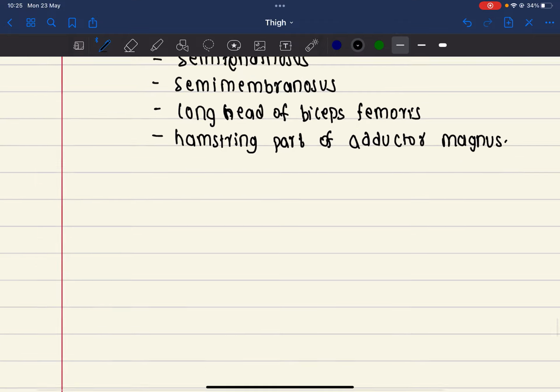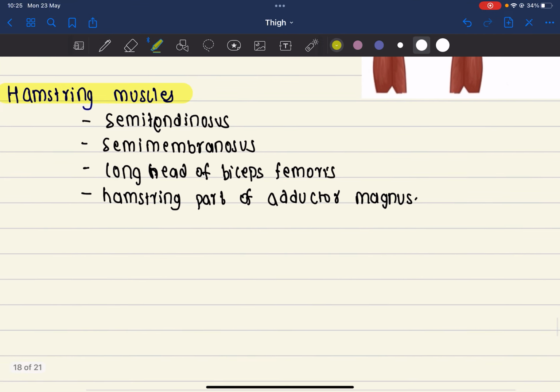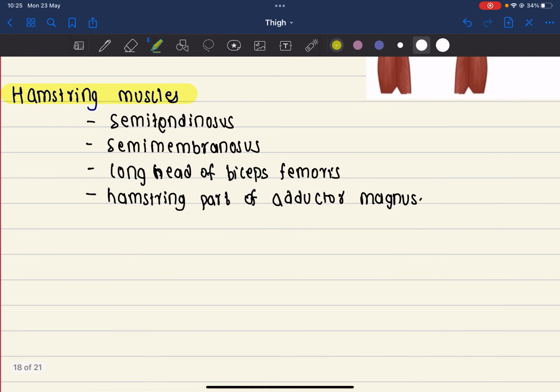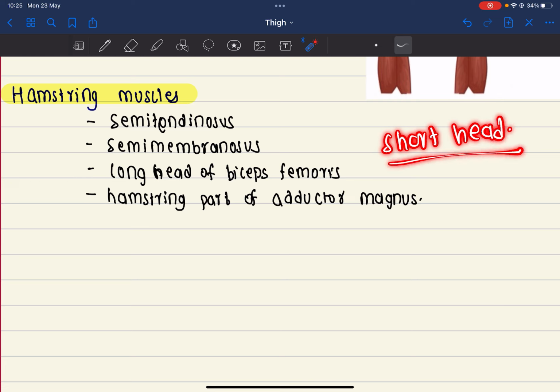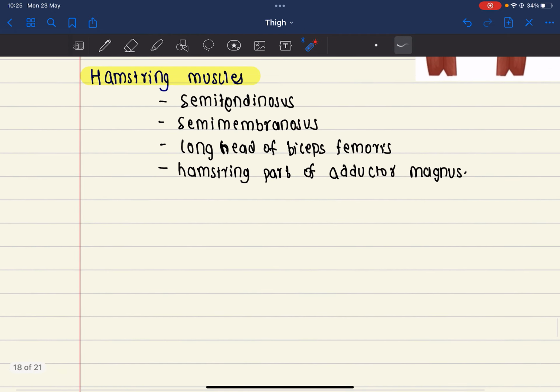These are the four muscles which are included in the hamstring muscles. र long head of biceps femoris चाहिँ hamstring मा belong गर्छ अनि short head of biceps femoris पनि हाम्रो back of the thigh मा lie गर्छ but it is not included in the hamstring muscle. यसको बारेमा we will be discussing just after this.